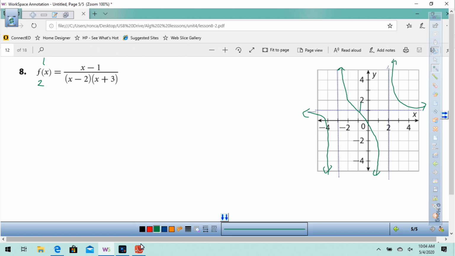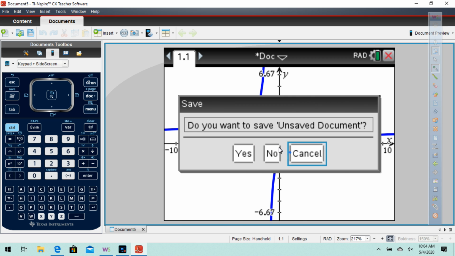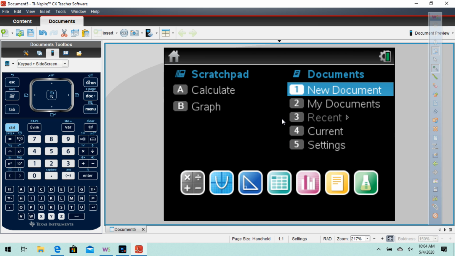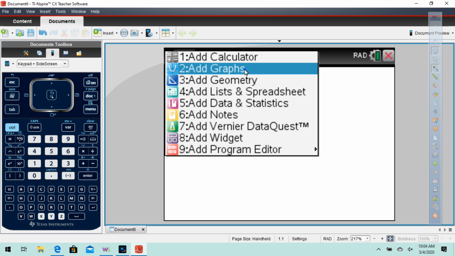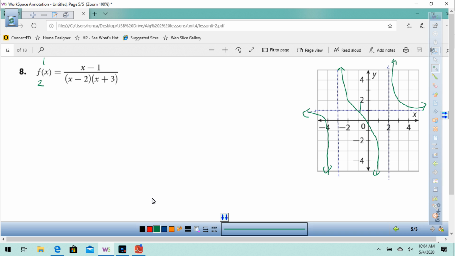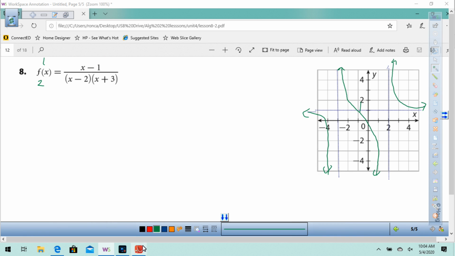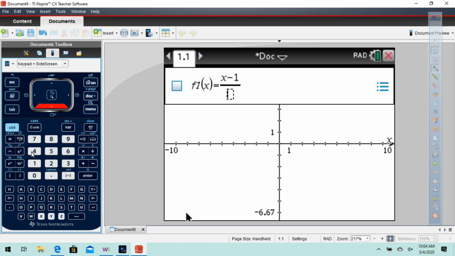Okay, so let's graph it. On new document, no, graphs, control, divide, and we have x minus 1 on the numerator, x minus 1 on the denominator. We have x minus 2, x minus 2, close parentheses, times, and then it was x plus 3.